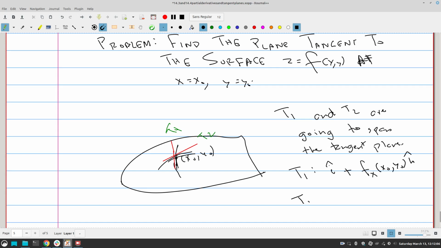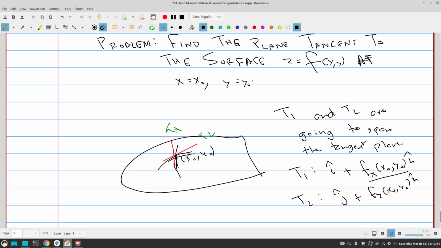Why is it defined this way? Because when you're moving along T1, y is a constant, so j hat does not appear here. When you move one unit in the x direction, you move fx(x naught, y naught) units in the z direction. And T2 is defined as j plus fy(x naught, y naught) k.